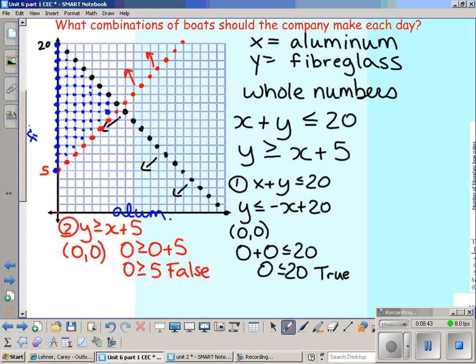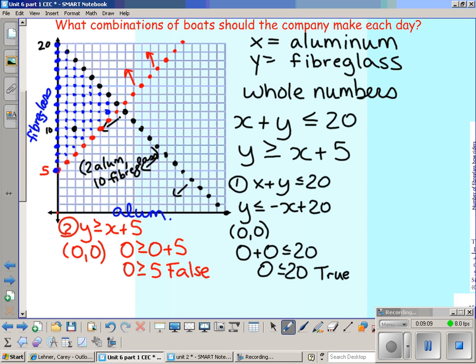Y was our fiberglass. We can choose any of those blue coordinates. So let's say we wanted to pick this one. We would simply find its coordinates, and it would mean we would have to have made 2 aluminum, and it's up 1, 2, 3, 4, 5, 6, 7, 8, 9, it's up 10, and so 10 fiberglass boats.